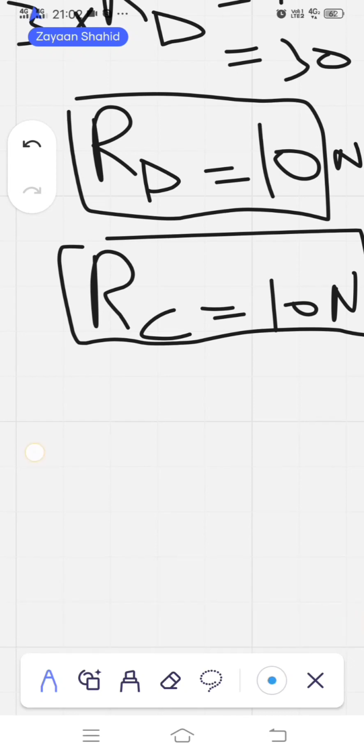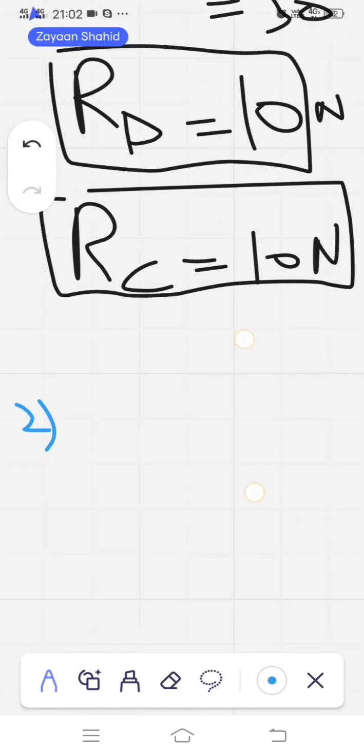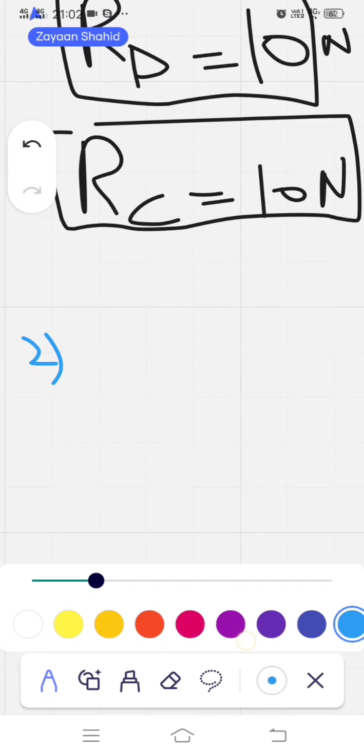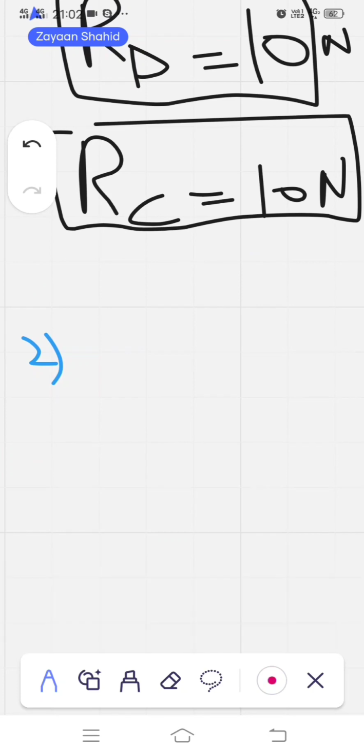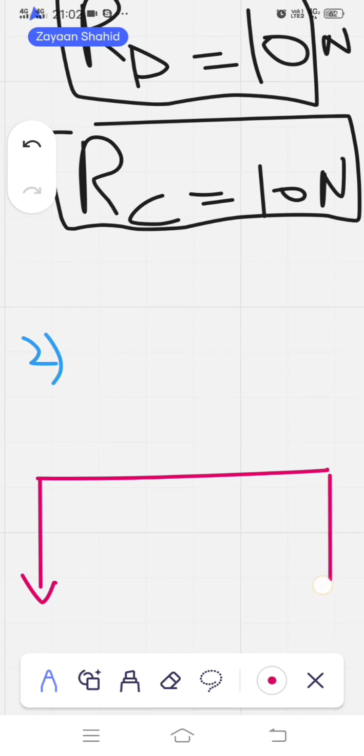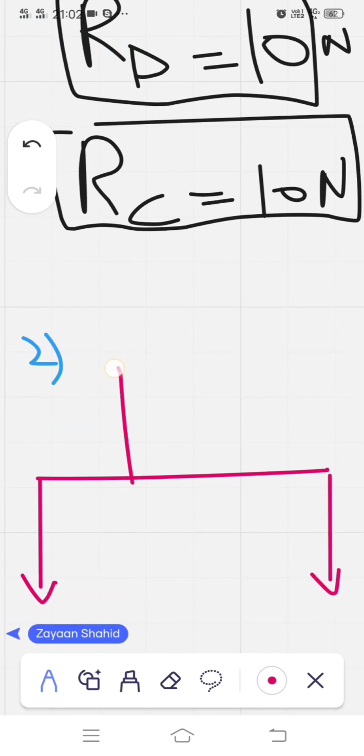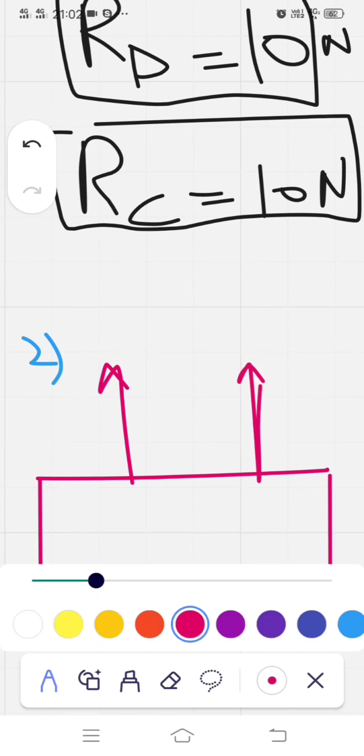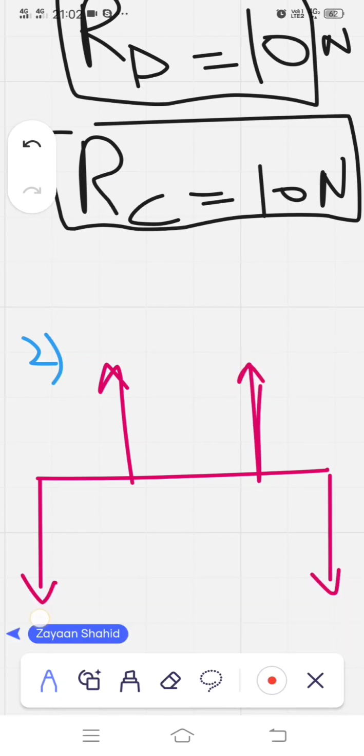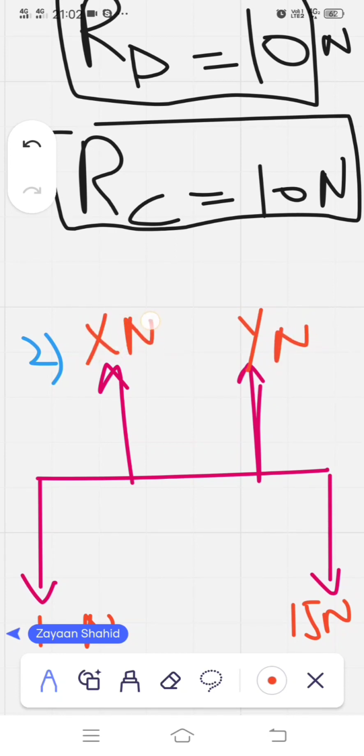In this, the diagram is: this is 10 Newton, this is 15 Newton, this is Y Newton, which is unknown, this is X Newton, which is again unknown.